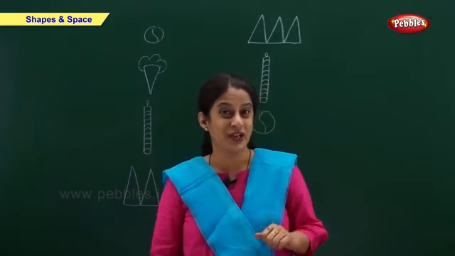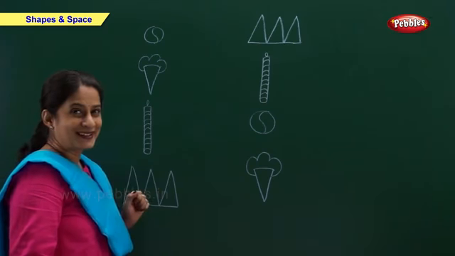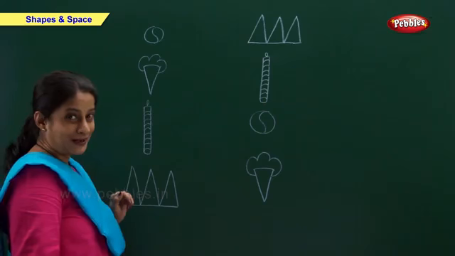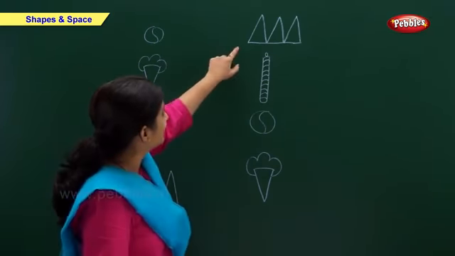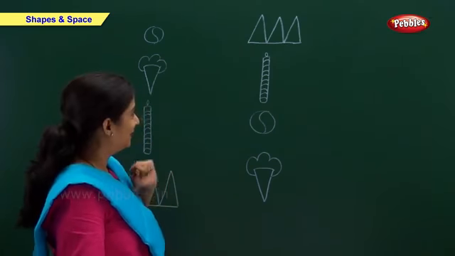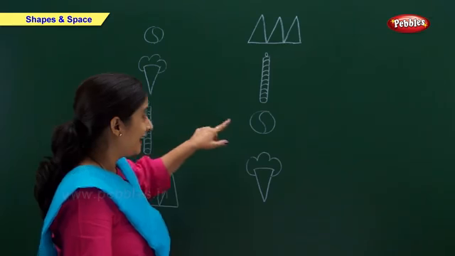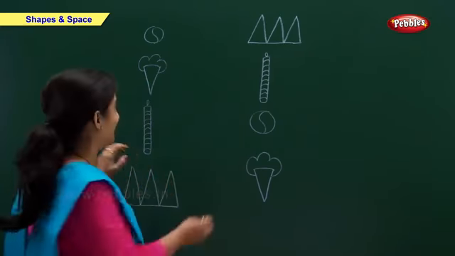Now let's match the shapes. What is this? Right, it's a ball. So now let's find ball here. Is this a ball? No. Is this a ball? No. And is this a ball? Right. So let's match.